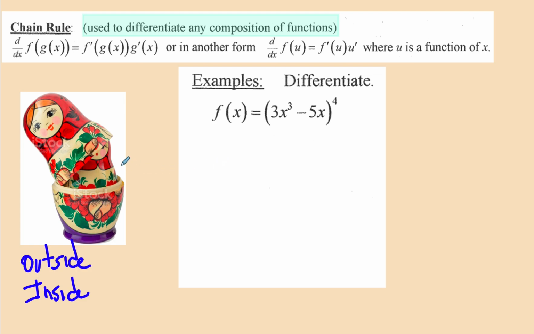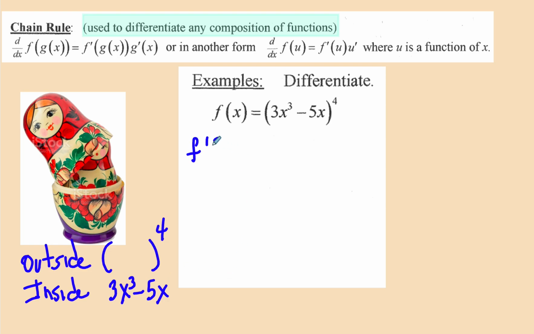I like to use the idea of a Russian doll because it's something inside of something. I use this when I describe composite functions. The outside function is this 4th power function, and the inside function is this 3rd degree function right here. So you have to understand what the outside function and the inside function is.